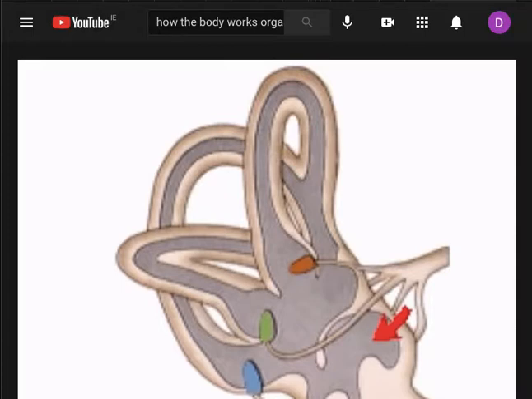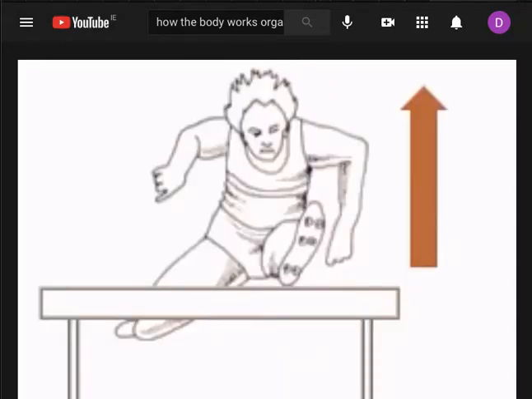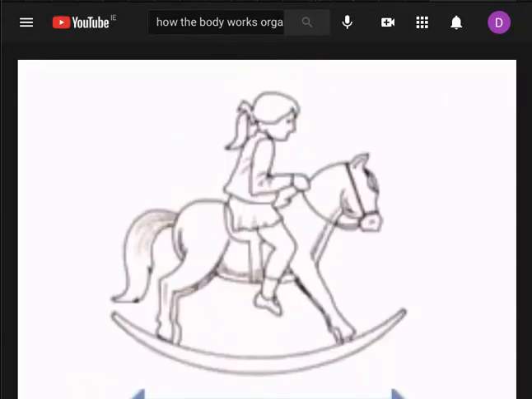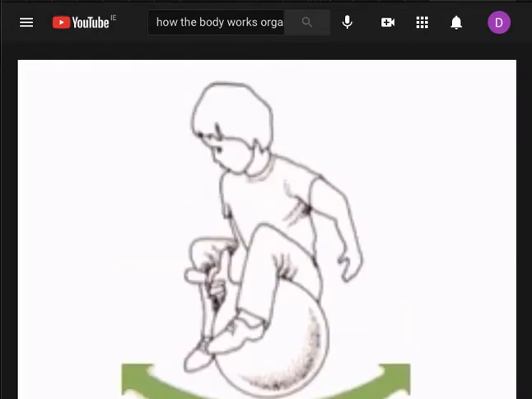The otoliths are relatively mobile and movement of the head causes them to move. This changes the pressure that they exert on the receptors, which then send information about the direction of the head's movement to the brain, and illustrate the three planes of movement in which the head and body can move to stimulate the receptors in the semicircular canals.